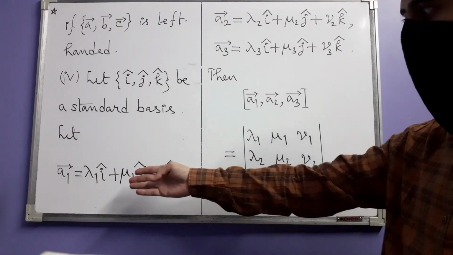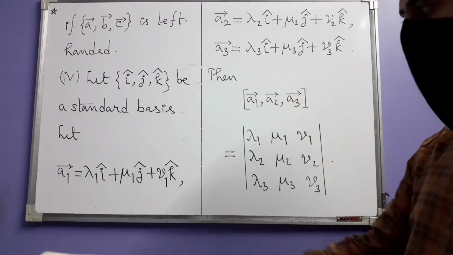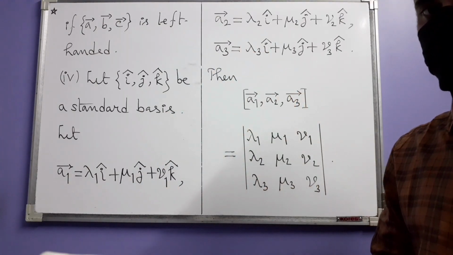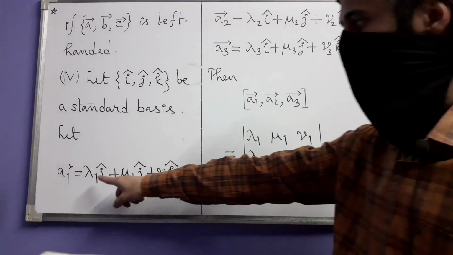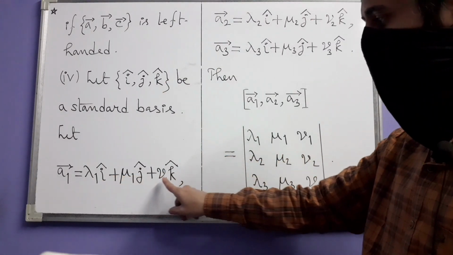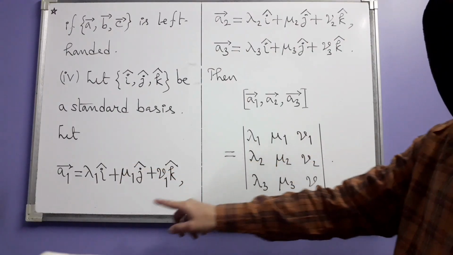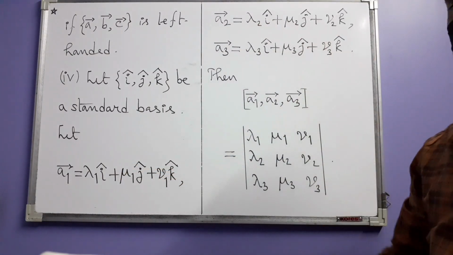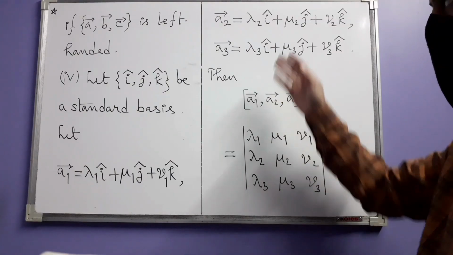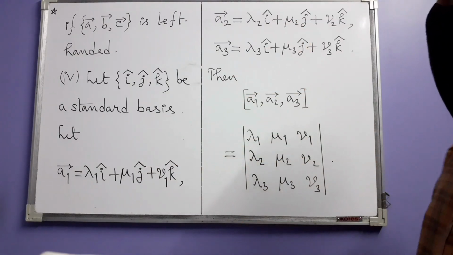i, j and k form a standard basis. And say the three vectors a1, a2 and a3 have been expressed as linear combinations of these basis vectors like this. Lambda 1 i plus mu 1 j plus nu 1 k is a1. Similarly, the coefficients for a2 come with 2 as suffix to distinguish them from these ones.